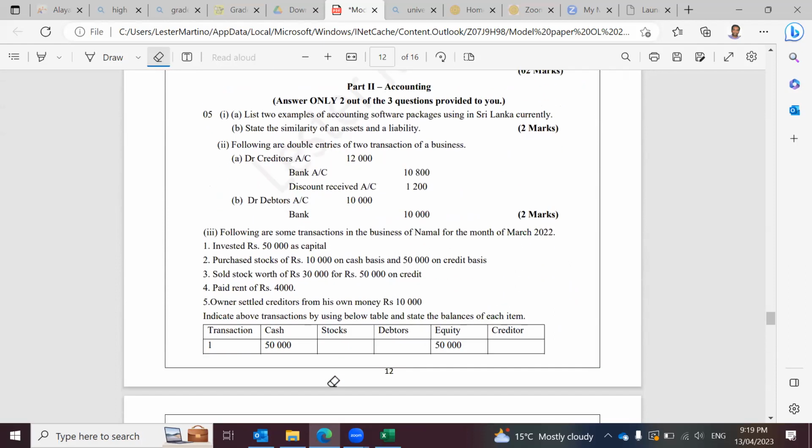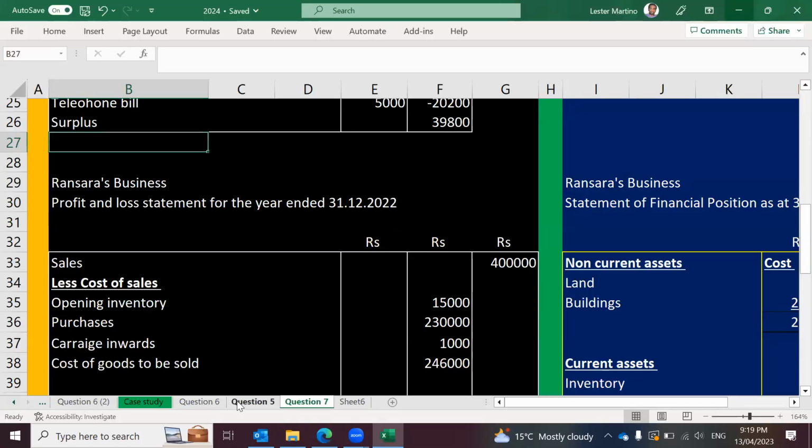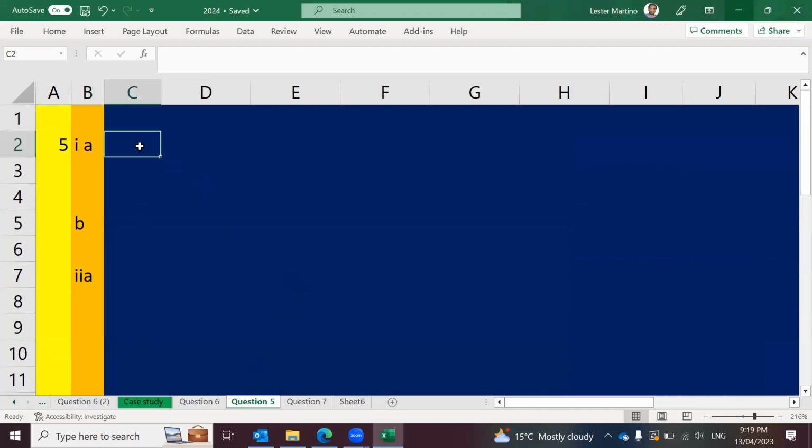List 2 examples of accounting software packages used in Sri Lanka. So you can write it down. MYOB, Sage, QuickBooks, Webpack.